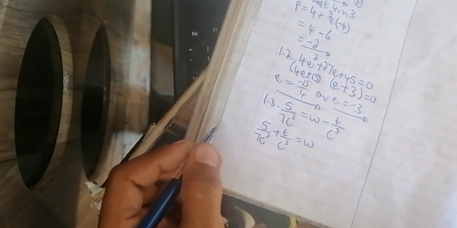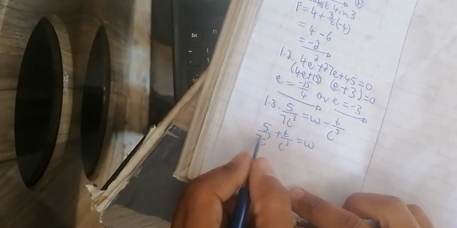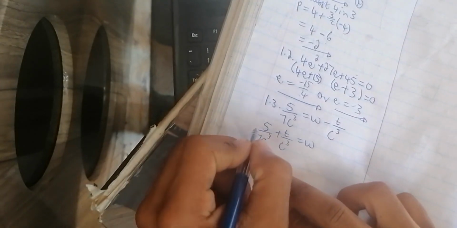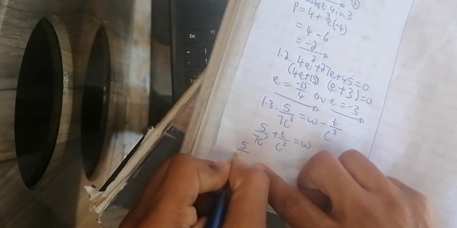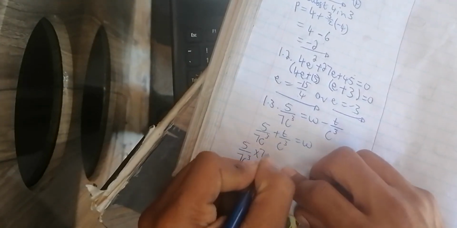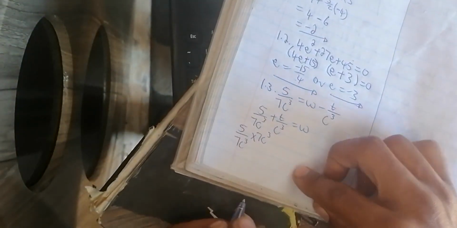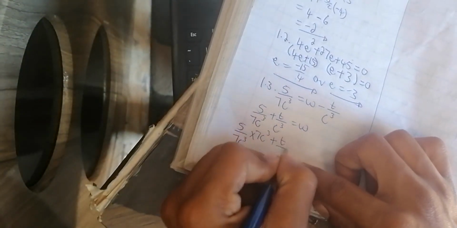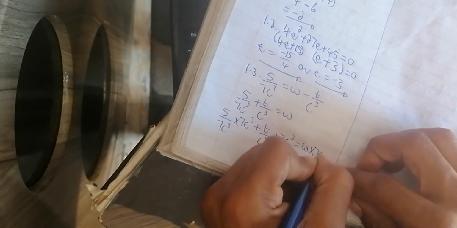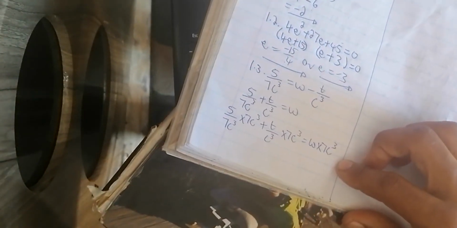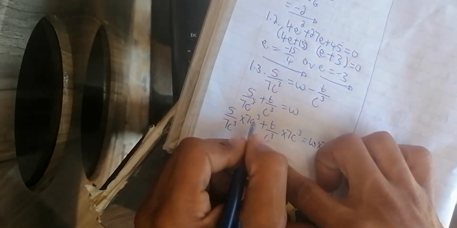I can multiply everything by 7C³. So if I multiply by 7C³, let me show you here. This is how we do it. Plus T, this is equal to W. I'm multiplying everything by 7C³.